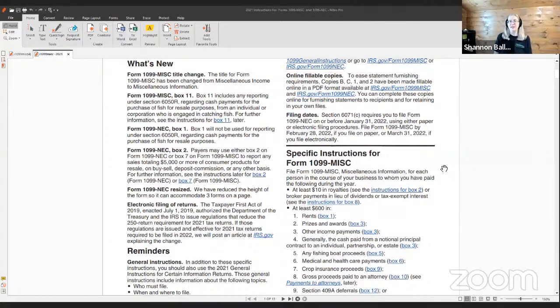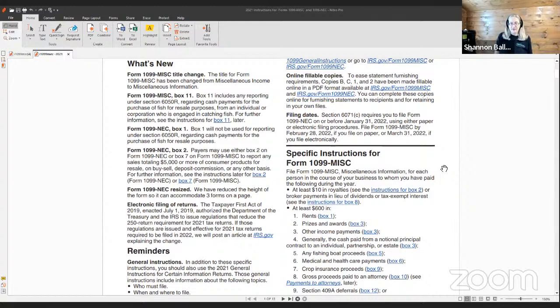Prior to last year, when they reintroduced the retired 1099 NEC, box 7 of the 1099 miscellaneous, which is where we reported non-employee compensation, had a due date of January 31st of the year following the close of the tax period. And the entire rest of the Form 1099 miscellaneous was due February 28th if you filed by paper, or March 31st if you filed electronically.